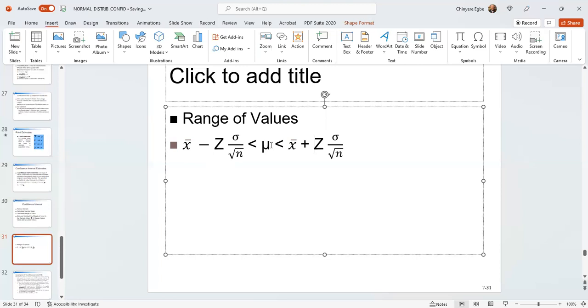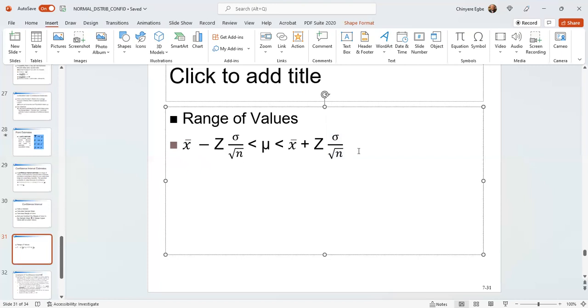Remember, we are looking for the population mean. We don't know what the true population mean is, but based on our confidence interval, the true population mean will have a value between the sample mean minus the error and the sample mean plus the error. That is what we are saying.